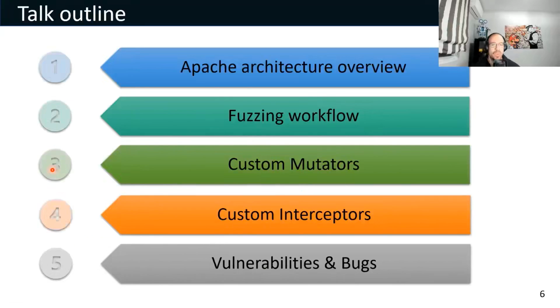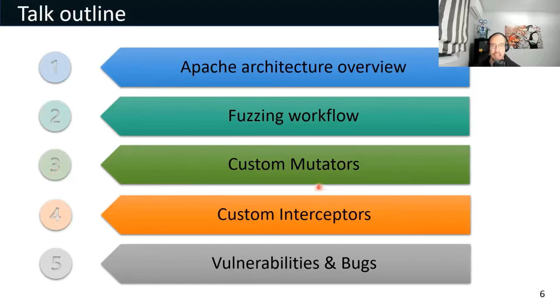Okay, so the agenda for today has 5 points. In the first one, I will show you a brief introduction about the Apache architecture. In the second one, I will show a summary of my fuzzing workflow. Then I will go over some of the custom mutators that I have built and why I have built them.